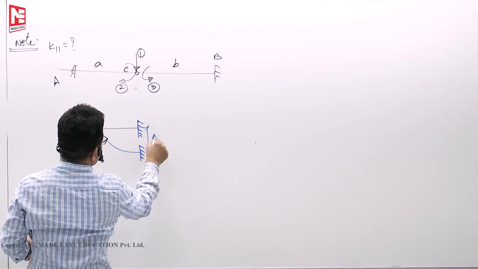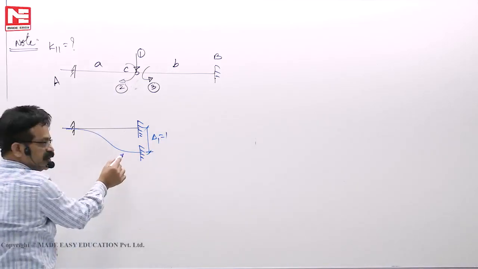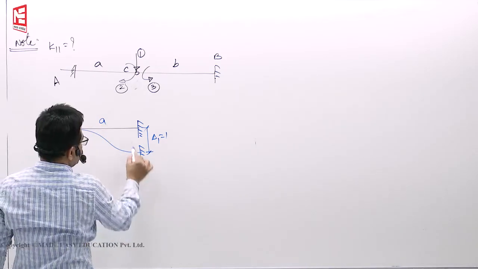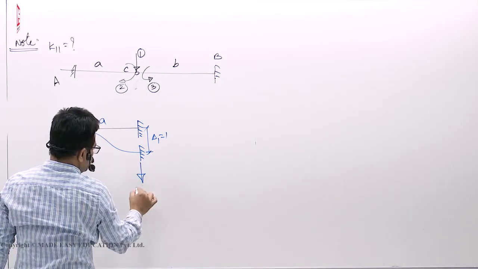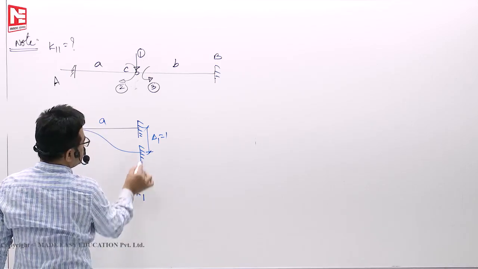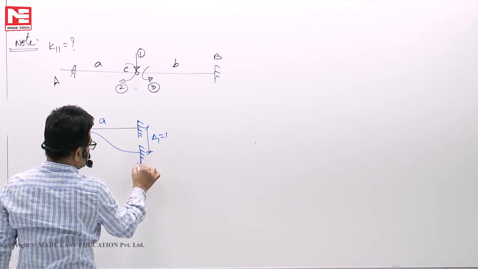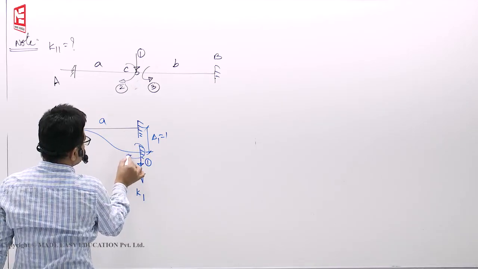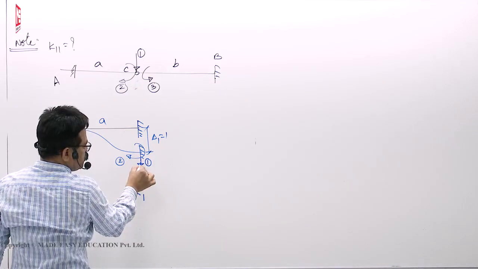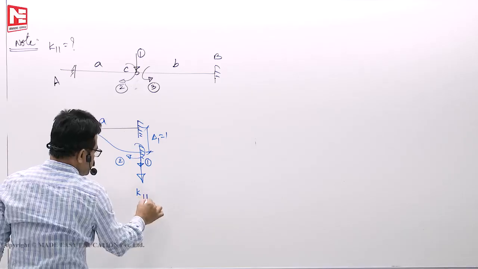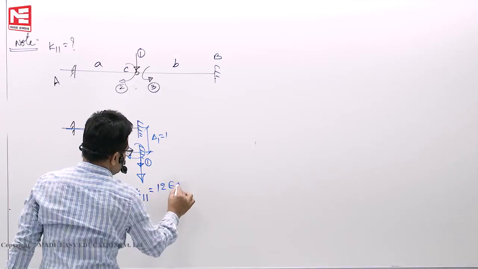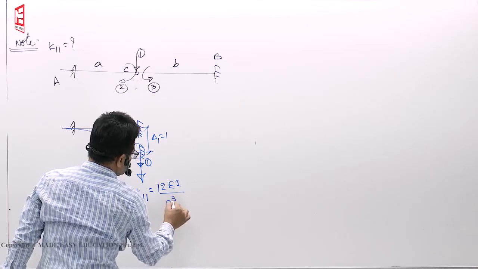I want delta 1 to be 1. Don't rotate now. Coordinate 2 should not be touched. This length is A. For this one we know the force at coordinate 1. This is your first coordinate. This is the second coordinate. Force at coordinate 1 to produce displacement also 1. For this profile to happen, we know it is 12 EI by A cube.